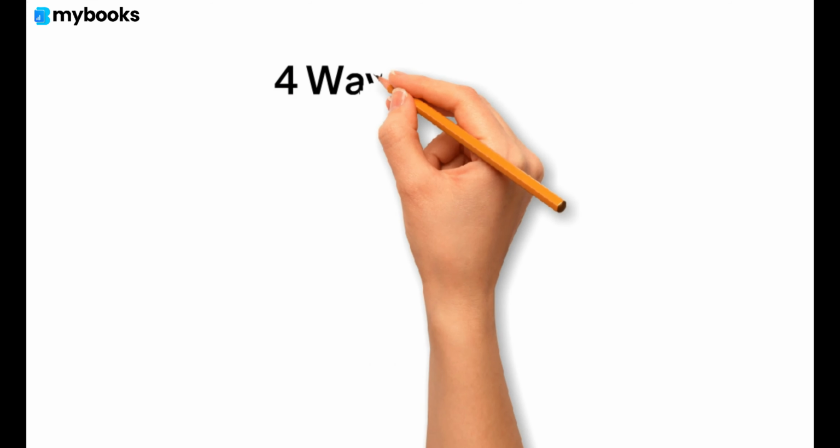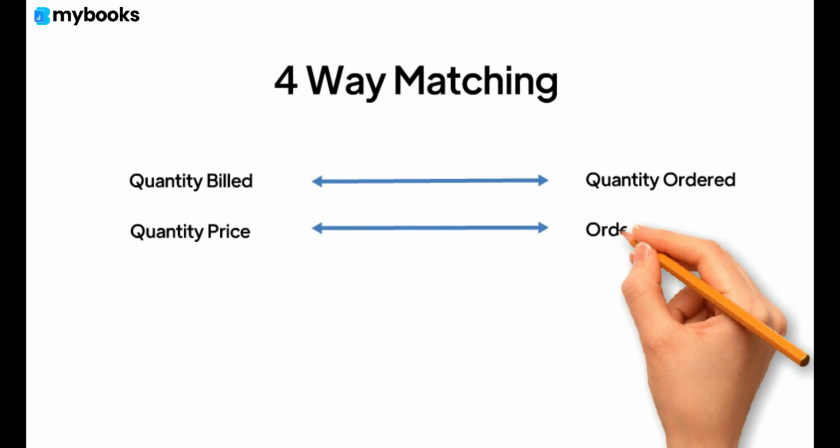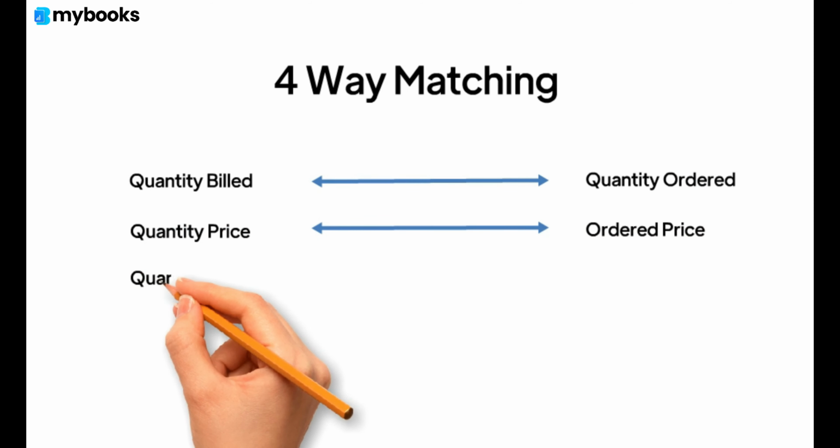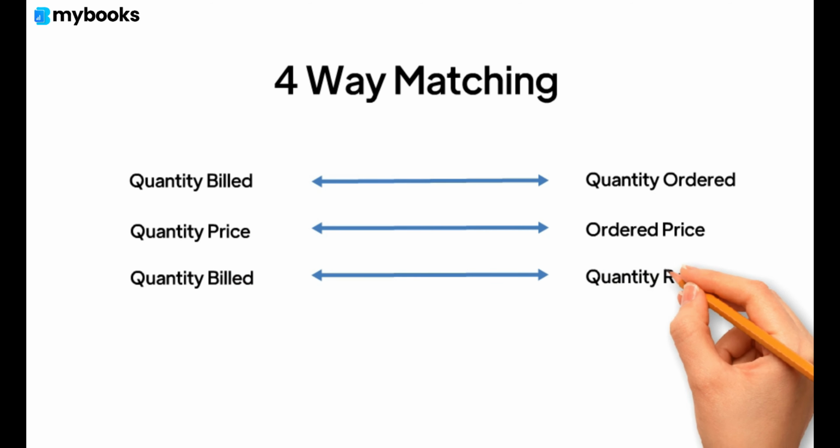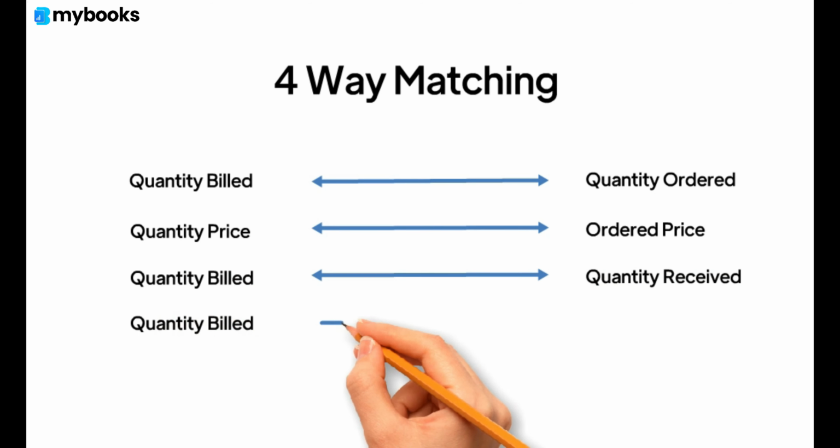And in the last case, we are assuming that the company has selected four-way matching. In this case, we will compare quantity billed with the quantity ordered, invoice price with the purchase order price, quantity billed with the quantity received, and the quantity billed with the quantity accepted. Similar to three-way matching, it has similar first three steps with one unique concept.